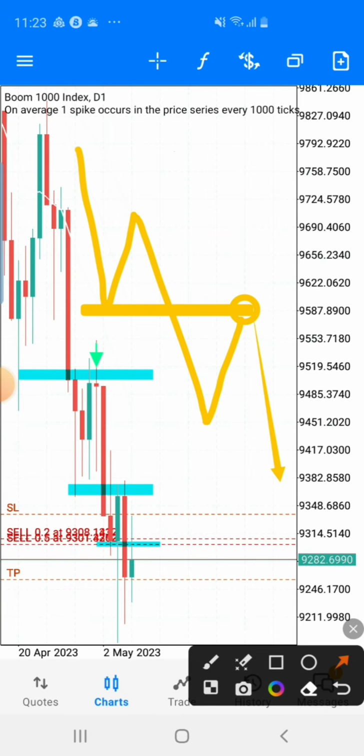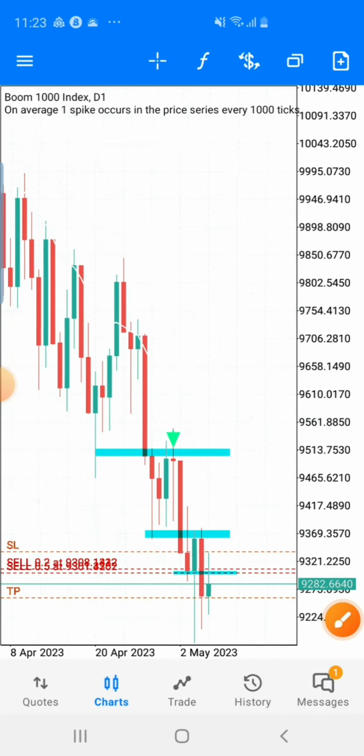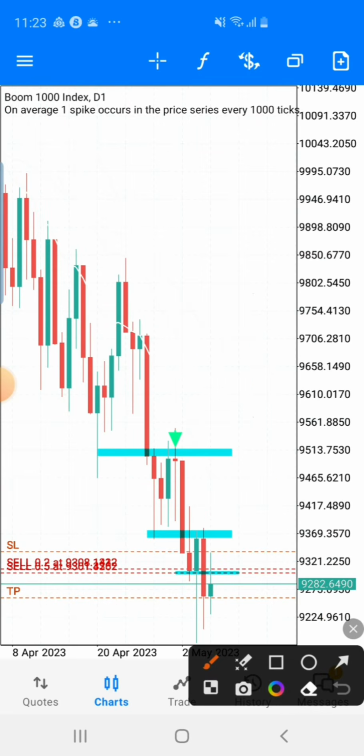If you look from here, the same thing happened. The price pushed down, created a low, broke it, and it was retested. So that zone is my flip zone. That's the point I will start looking for entry to sell, right?